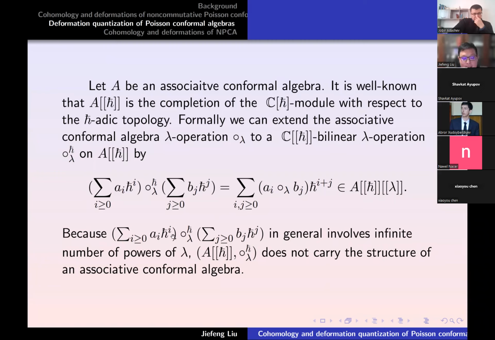Because this lambda operation in general involves infinite powers of lambda, this space doesn't carry the structure of an associative conformal algebra, because the lambda operation in an associative conformal algebra lives in the polynomial space, not in formal power series of lambda.